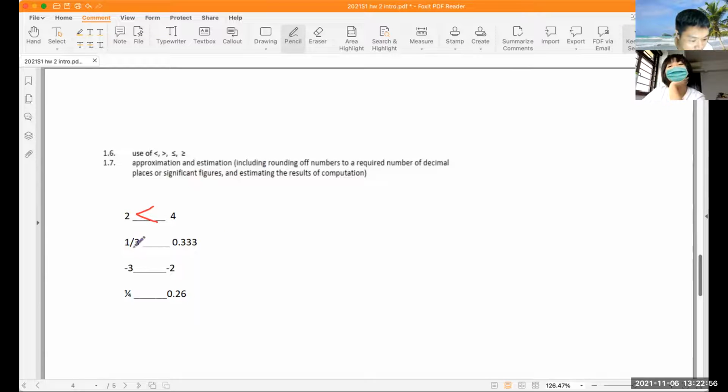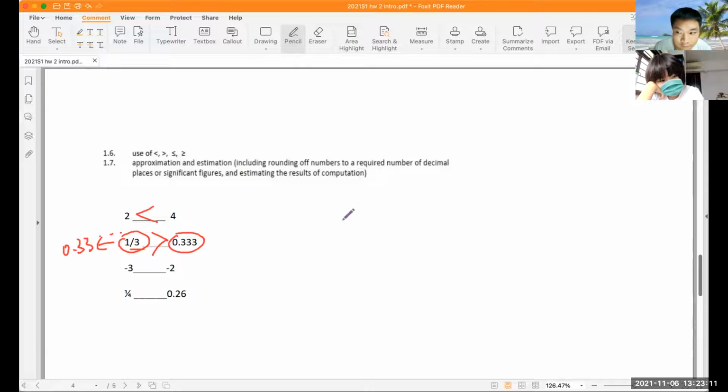And for this, once again it is a rational number. This is a definite answer, equivalent to 0.333333 non-stop. So this one has to be bigger than this. Then for this, -3 is smaller than -2. This is 0.25.